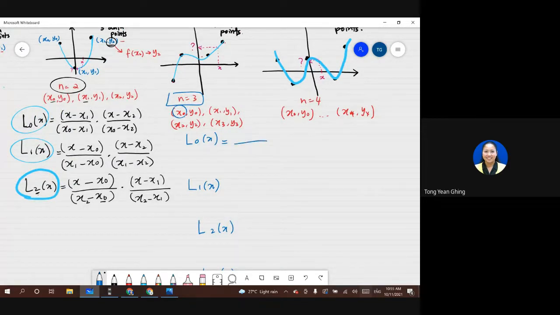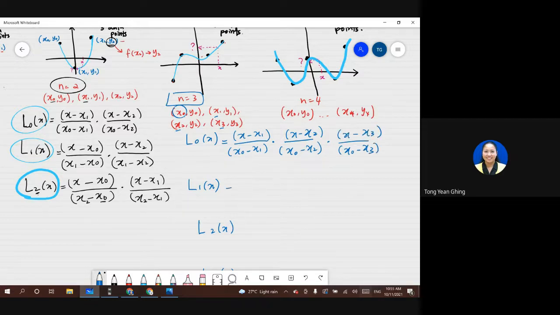So start from here, x0 minus x1. This one x minus x1, times with x0 minus x2 also. So here this is x minus x2, times with x0 minus x3, this one. So here this is x minus x3.